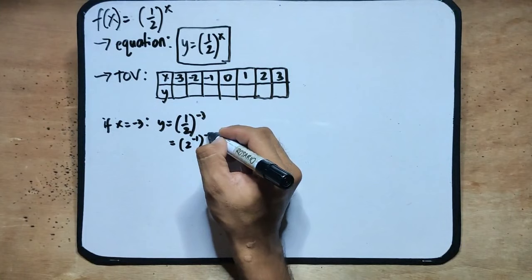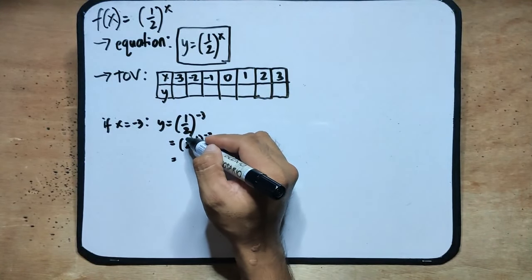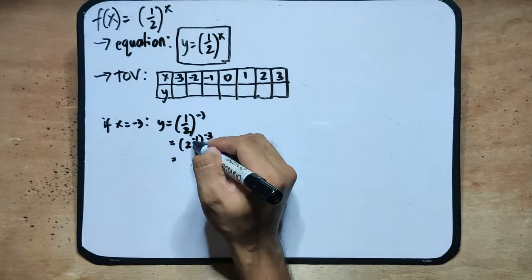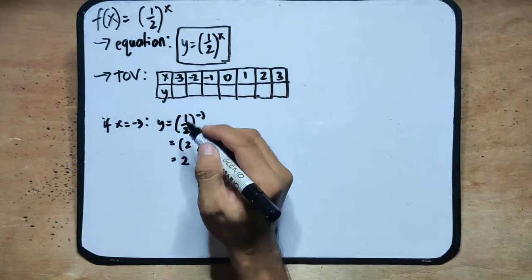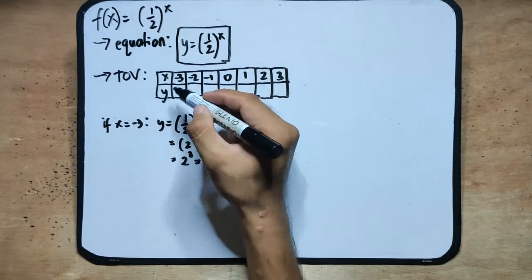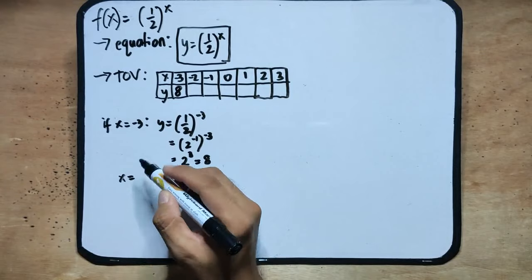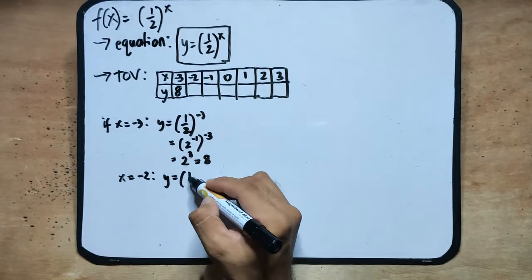And then, we have here negative 3. So, a power, naka-raise na naman to another power, we just multiply the exponent. So, negative 1 times negative 3 is, we have positive 3, or that is 2 times 2 times 2 is 8. So, 8 ito.